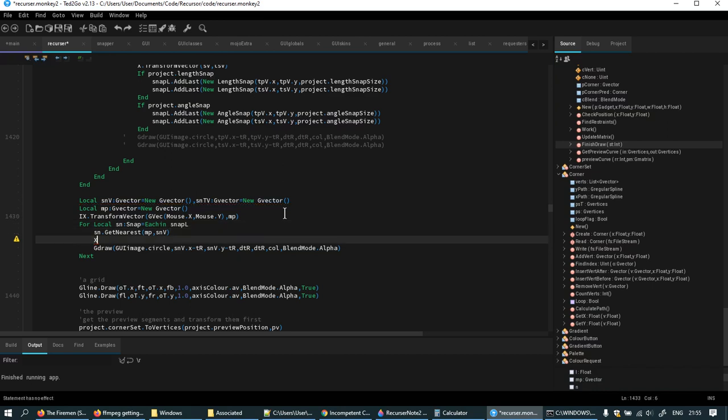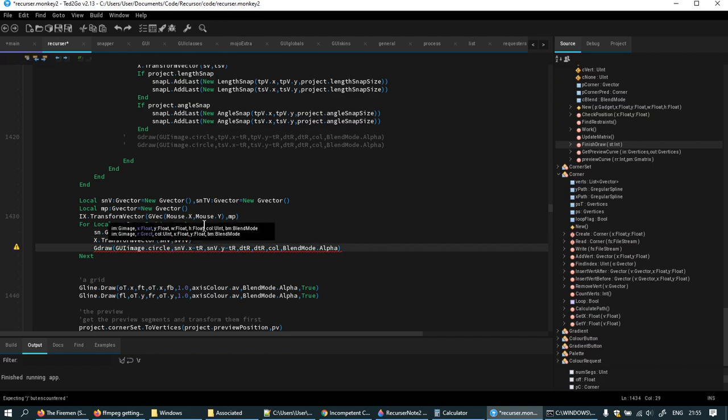Then x. Excuse my coughing again, I will learn. Transform vector. I don't like this thing popping up when I can't see SNV, comma SNTV, and make this TV.